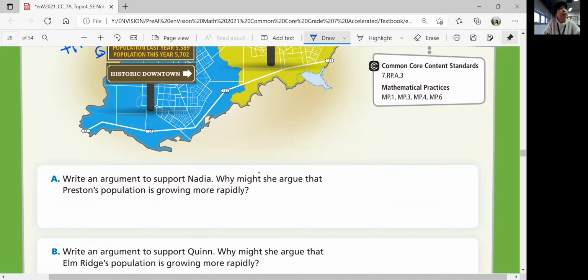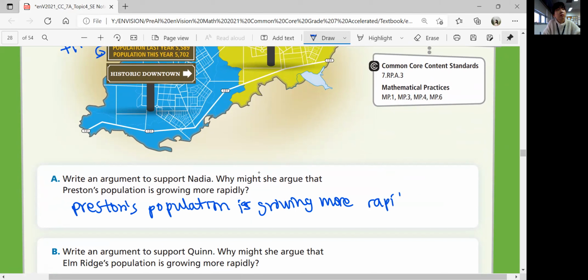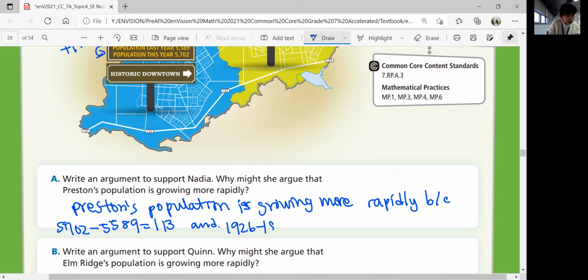So we can say Preston's population is growing more rapidly because 5,702 minus 5,589 is 113, right? And 1,926 minus 1,870 is 56.